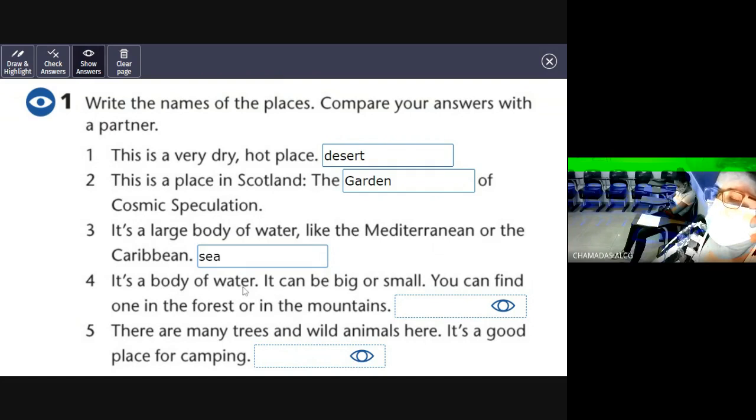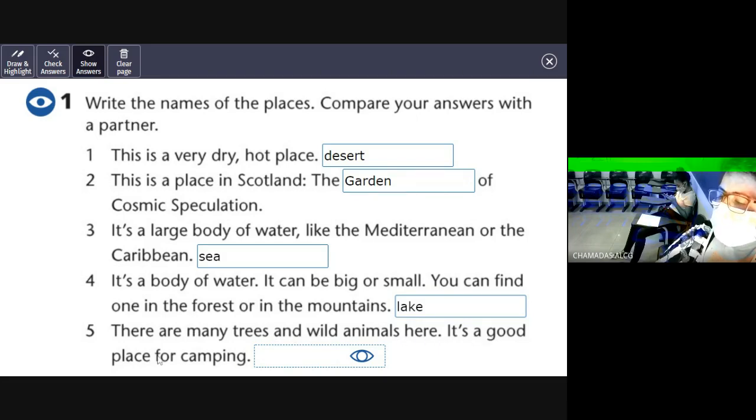It's a body of water. It can be big or small. You can find one in the forest or in the mountains. Lake. Yes. There are many trees and wild animals here.